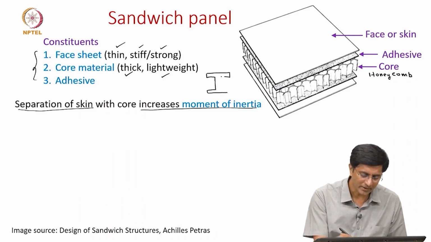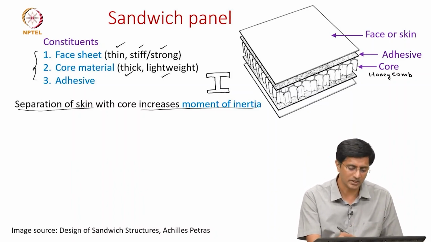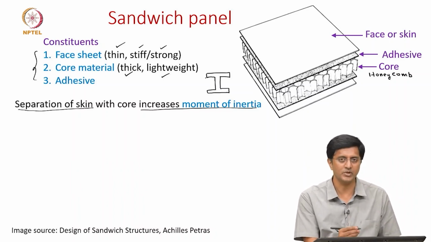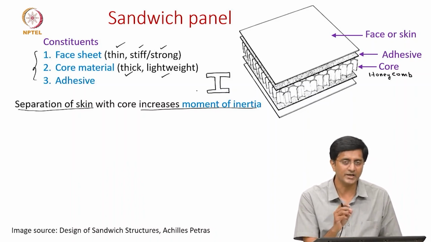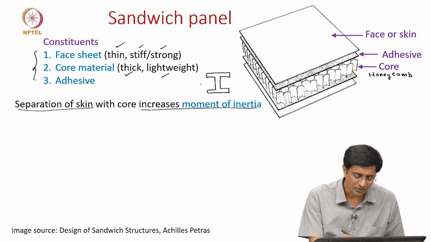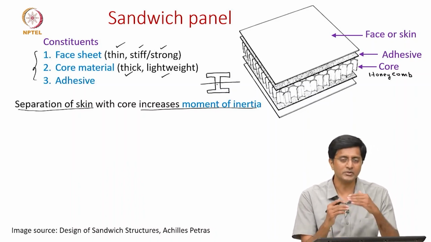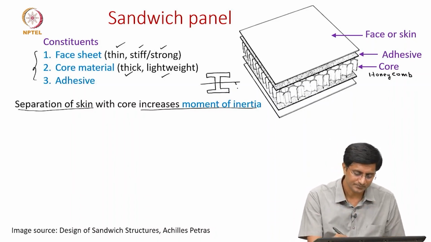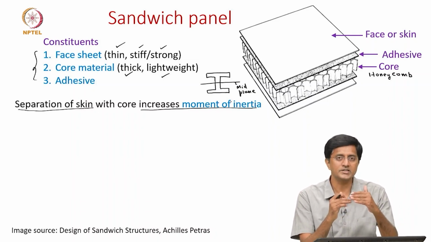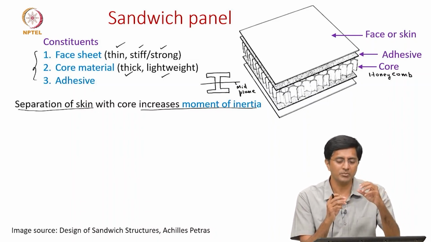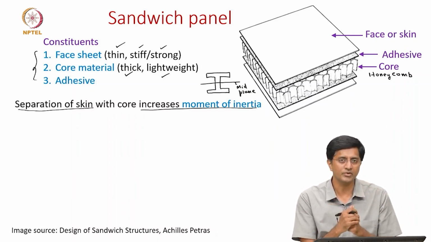In the solid mechanics or mechanics of materials course in the undergraduate, most of us have read about these I-beams and why they are mostly used. The basic idea is, when we move the mass away from the midplane, the greater the distance from the midplane for the same mass, the more the moment of inertia.